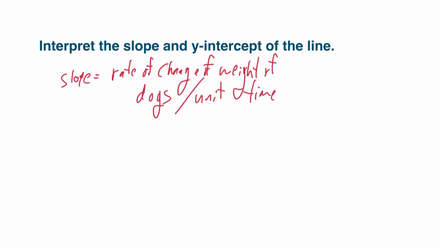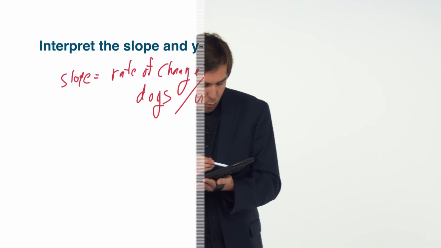So perhaps we're measuring in, say, years. So the average rate of change of the weight of a dog per year is something like 8, according to our data.